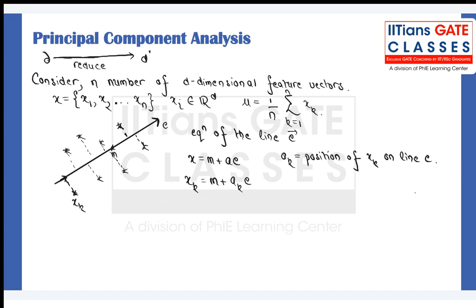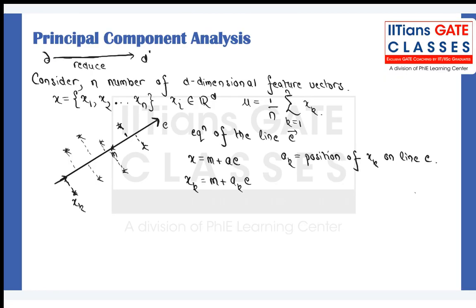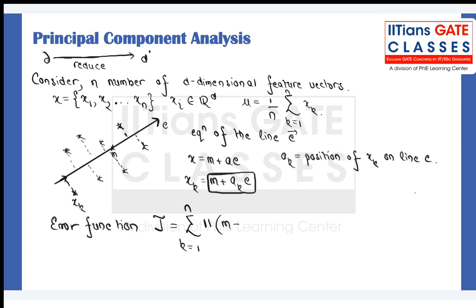Now the error is nothing but what? Your point was xk, and as per your line equation, your point is m plus ak of e. So the error function J will be nothing but the sum across all k equal to 1 to n of what is the value as per the line, which is m plus ak of e, minus the actual point xk, squared.